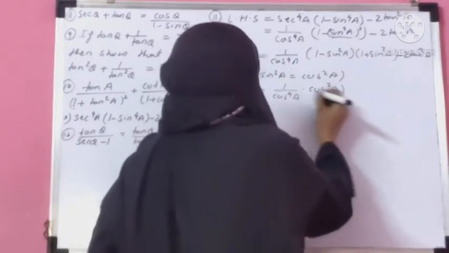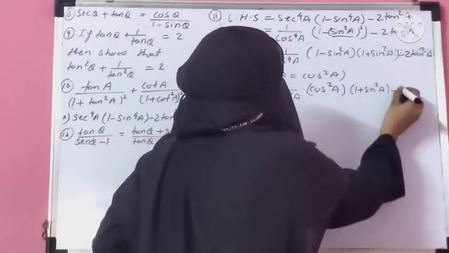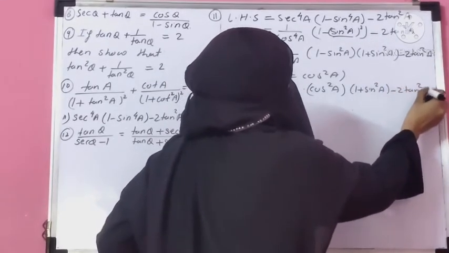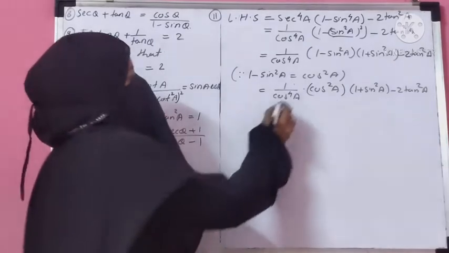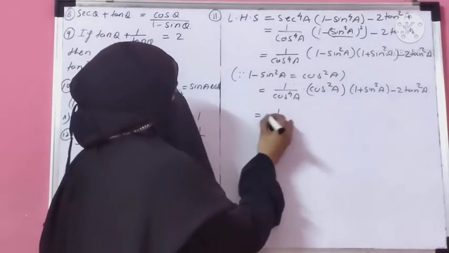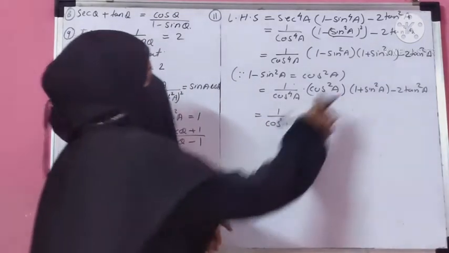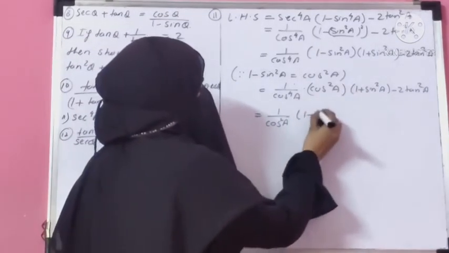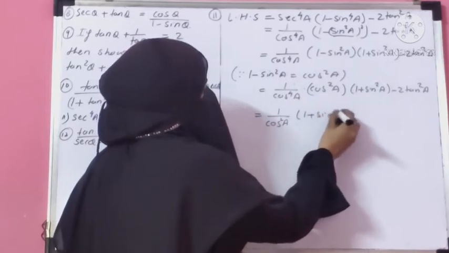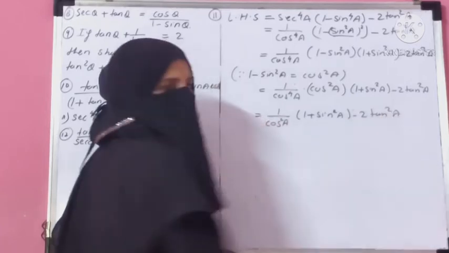Next is 1 plus sin square A, minus 2 tan square A. Now in the next step the cos squares cancel, and the remaining part is 1 upon cos square A, times 1 plus sin square A, minus 2 tan square A.